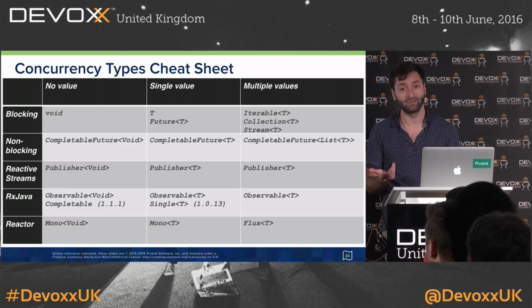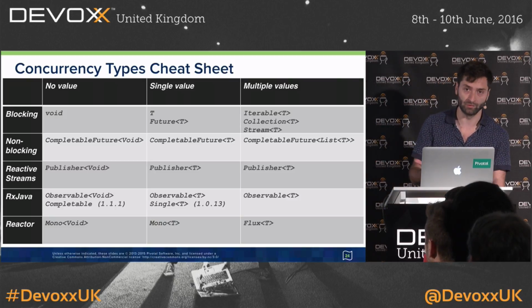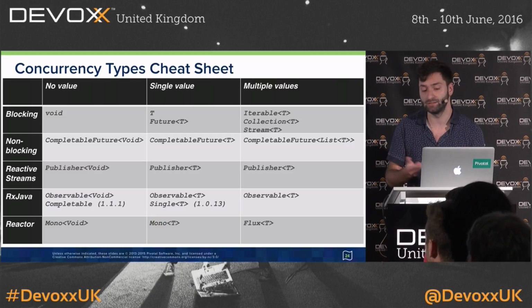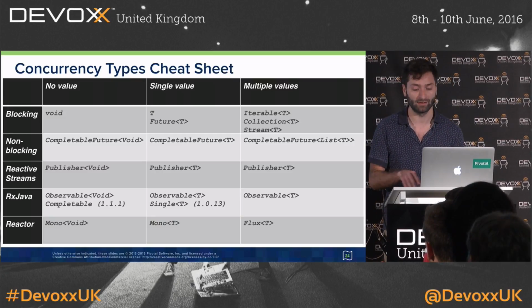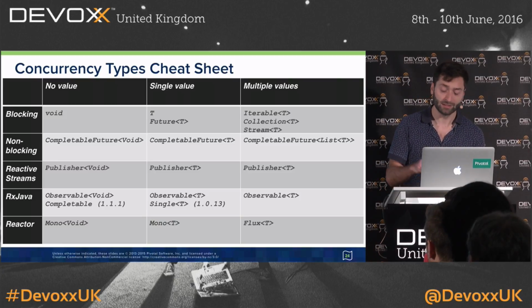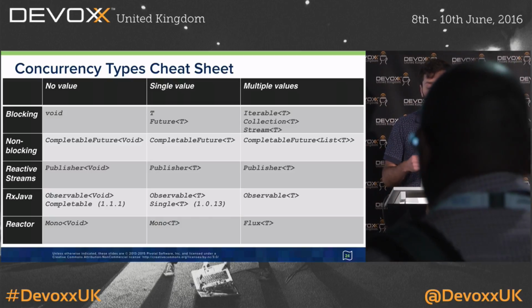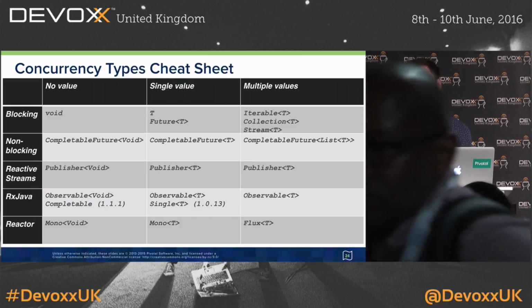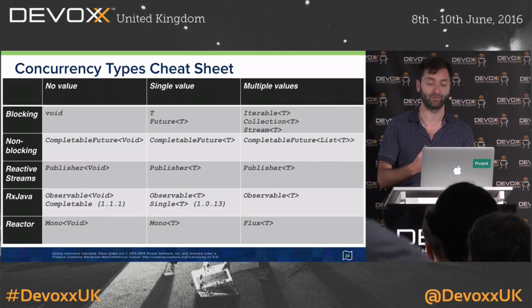Then you have multiple values: how to deal with things that return multiple values. In a blocking type, you will use iterable or collection, for instance. But we also consider stream inside this category, interestingly. Stream has parallel features as well. If you know about stream, there is something called .parallel. But from the creator itself, it hasn't been designed to deal with a thing that can generate data with latency.